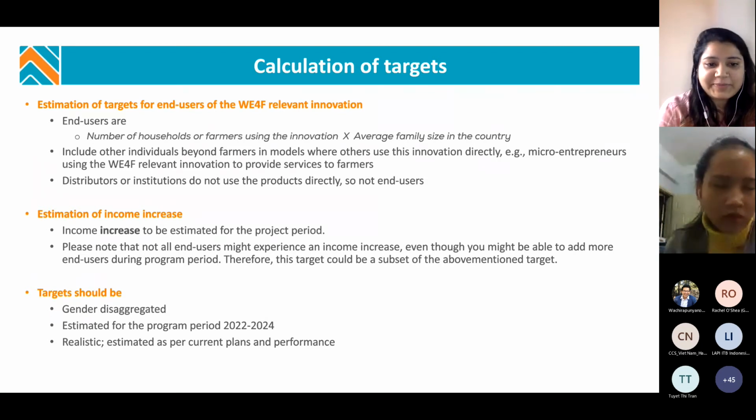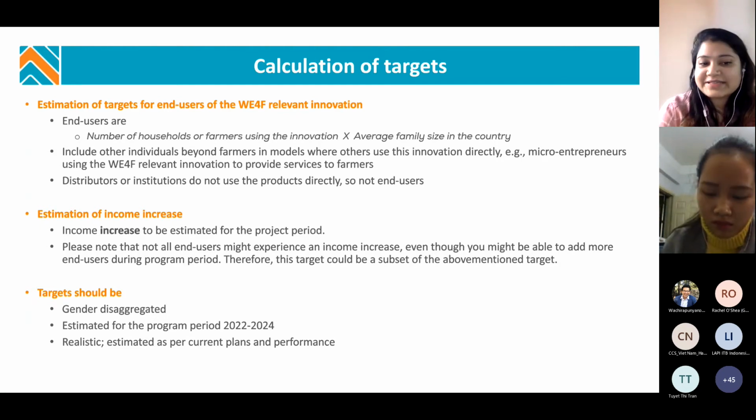When you see the SM Apply platform, you'll see that we've requested targets to be gender disaggregated, basically for you to tell us how many of your end users are going to be men versus women. For your current end users, you may not have that data, but going forward, based on your existing performance or an estimate of how many of your users are women, we hope you could give us these numbers.